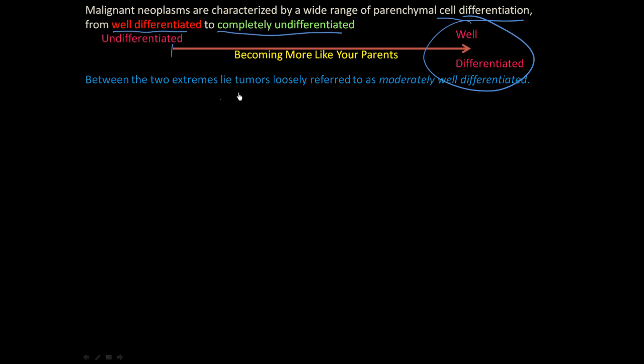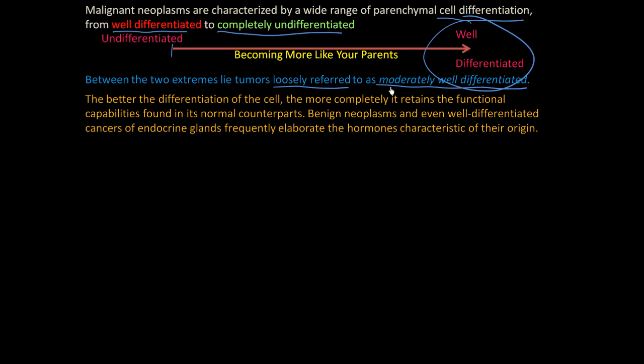Between the two extremes lie tumors loosely referred to as moderately well differentiated. So if a tumor has some characteristics of the progenitor cell or the liver cell it came from, but there are a lot of differences, then you would classify that as moderately well differentiated.